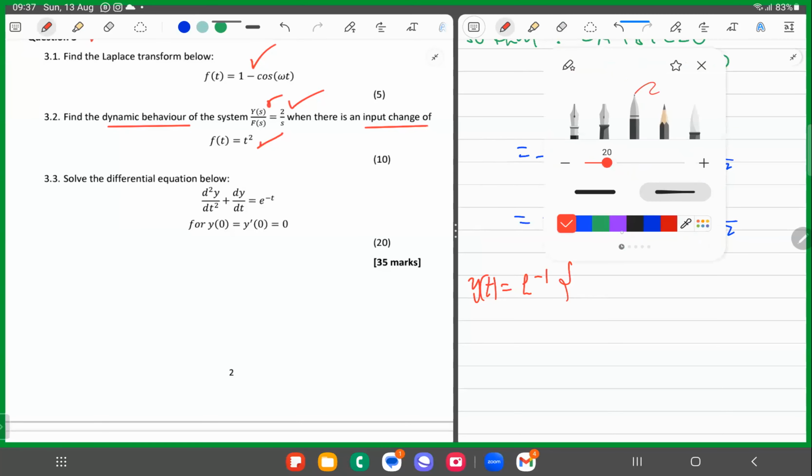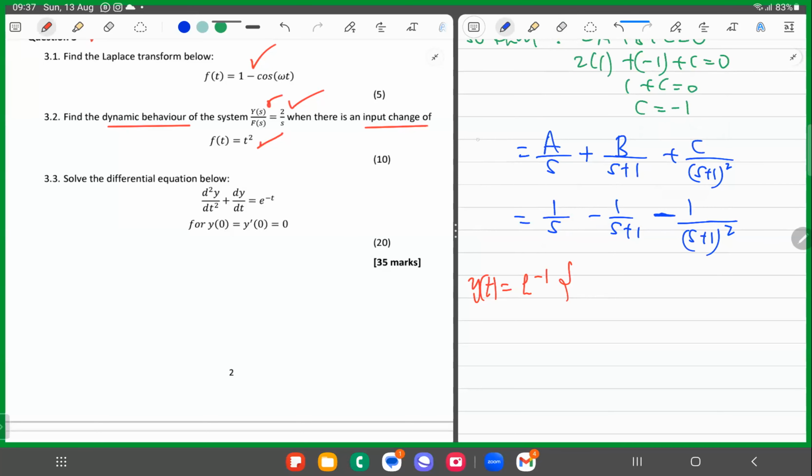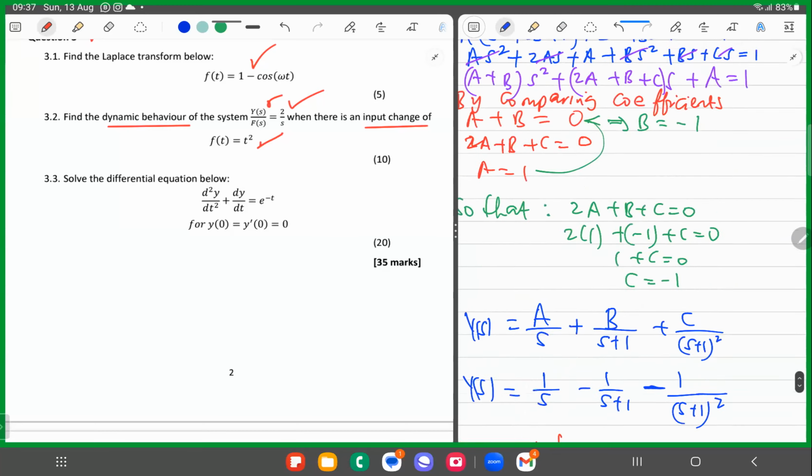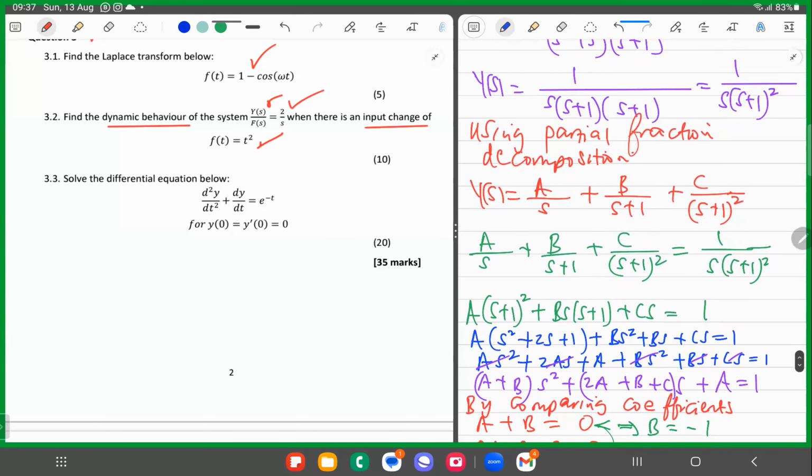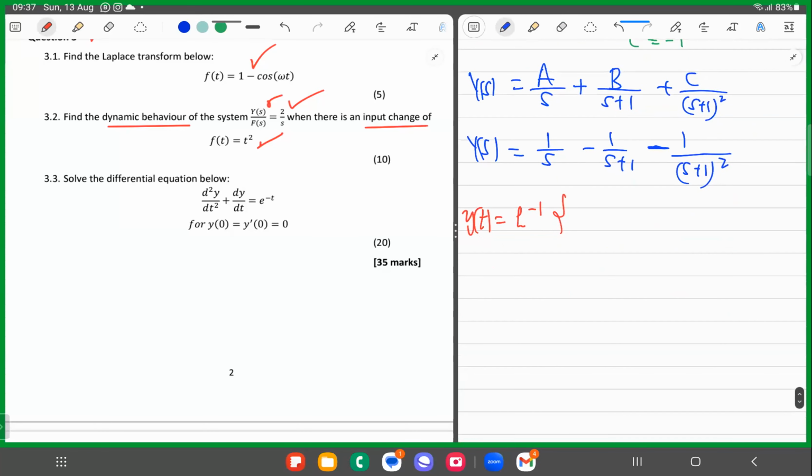Doesn't matter, we can use the same color. So this is 1 over s minus L inverse.